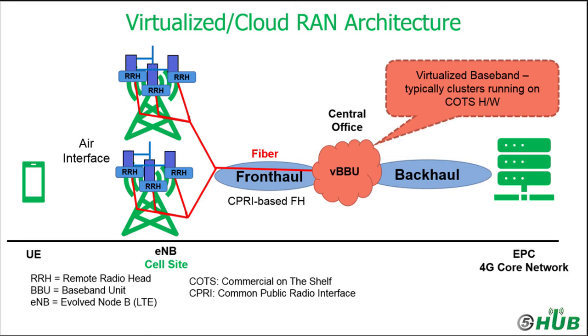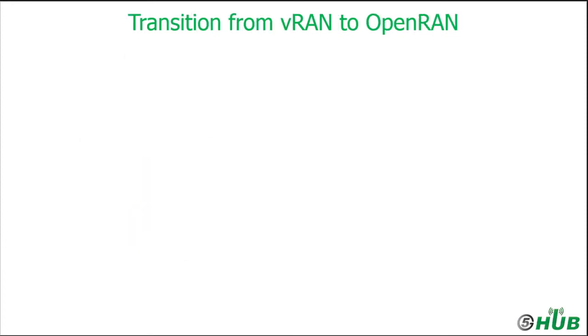Virtualization enables new function splits in the RAN elements, which relaxes the requirements for fronthaul transport and increases the distance that the virtual BBU can be located from the cell site to up to 200 kilometers.